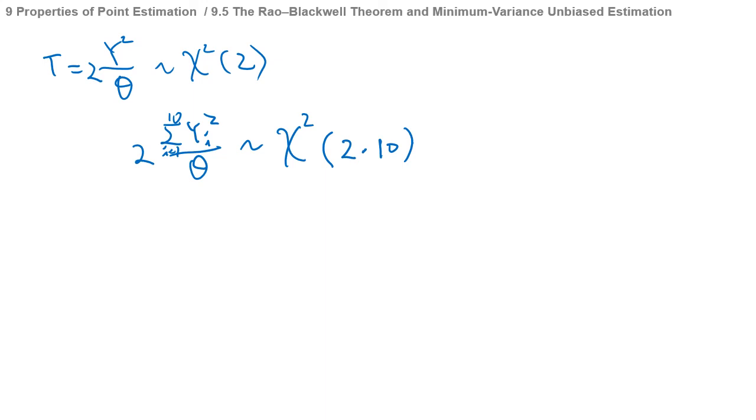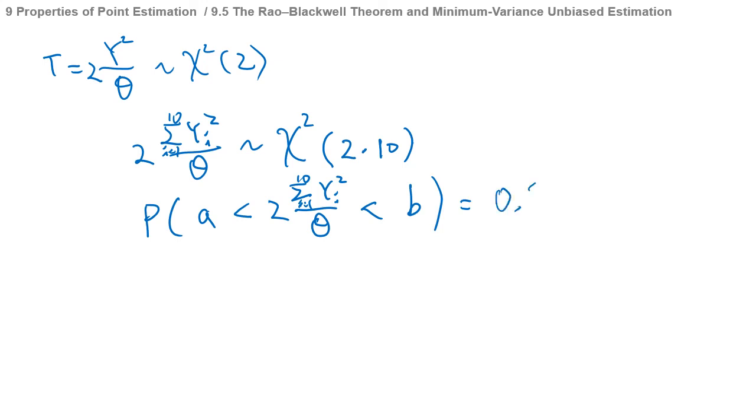And so we can calculate the probability of our given statistic, the sum from i equals 1 to 10 of Yi squared, for a 95% confidence interval.